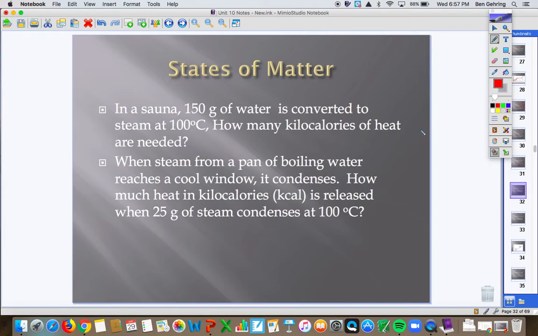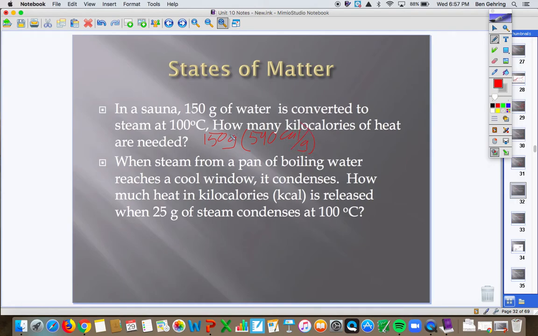So to do this, let's look at, here we have 150 grams of water converted to steam at 100 degrees Celsius. So I know that I have 150 grams at 100 degrees Celsius. My heat of vaporization, we talked, was 540 calories per gram.